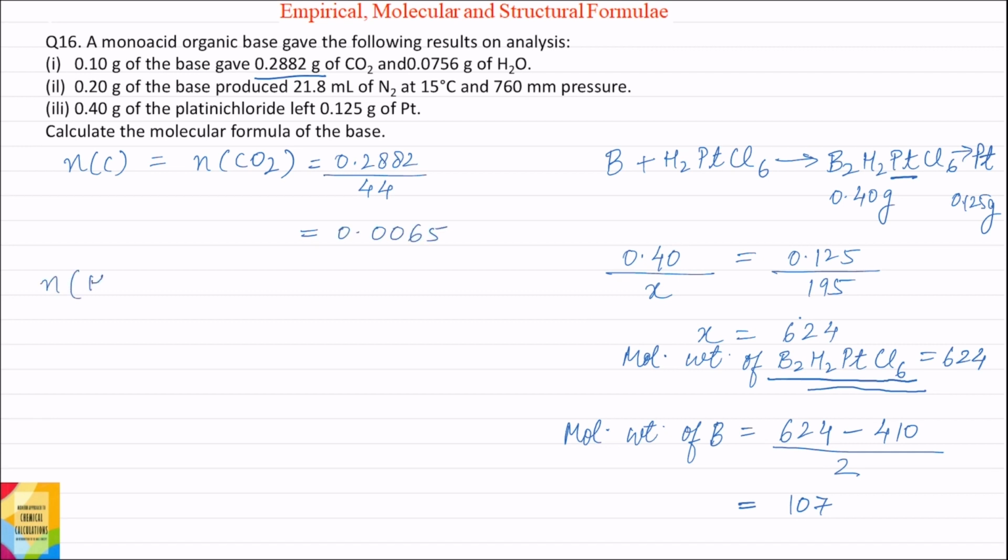Similarly, moles of hydrogen will be equal to 2 into moles of H2O and this is equal to 2 into 0.0756 divided by 18. 0.0756 is the weight of H2O and 18 is the molecular weight of H2O and this is equal to 0.0084 moles. Now this is the moles of carbon and moles of hydrogen in 0.1 gram of the base.